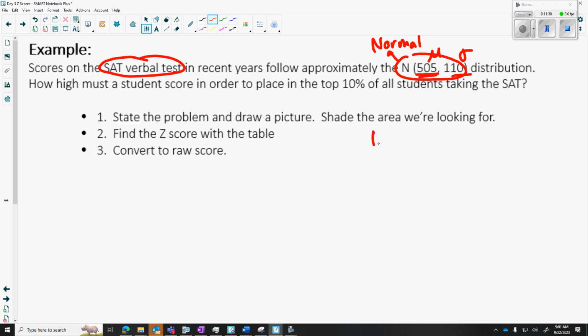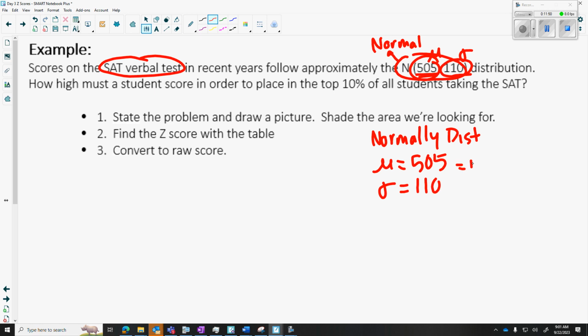So this means that it is normally distributed with a mean mu of 505 and a standard deviation sigma of 110. Okay, so mean first, standard deviation second. That is the notation for normal distribution, N(mu, sigma), where mu is the mean and sigma is the standard deviation.